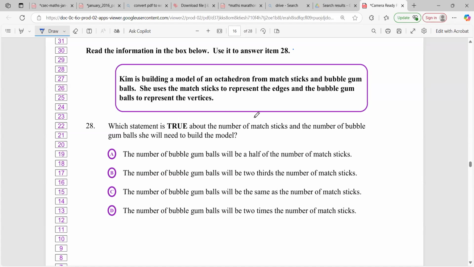Which statement is true about the number of sticks and the number of bubble gum? I think this one is pretty straightforward, you know.